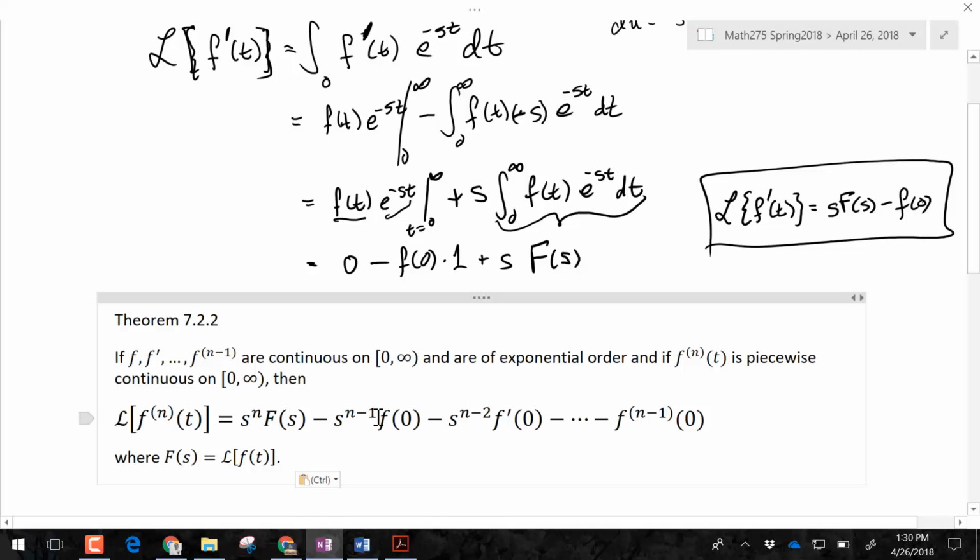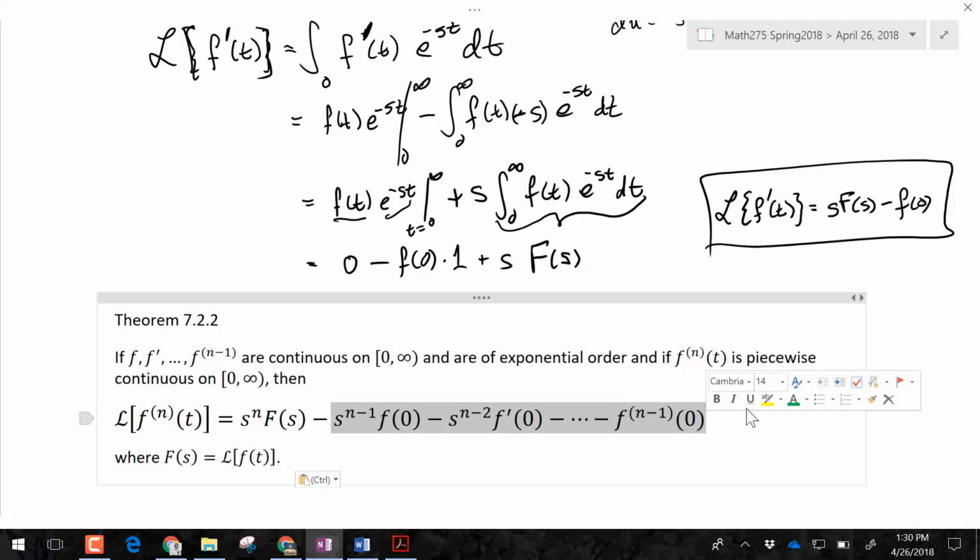And notice that these are all just going to be constants. And so these constants will play a part in the sense that your differential equation should have a set of initial conditions, and these constants will be the initial conditions that you're using.